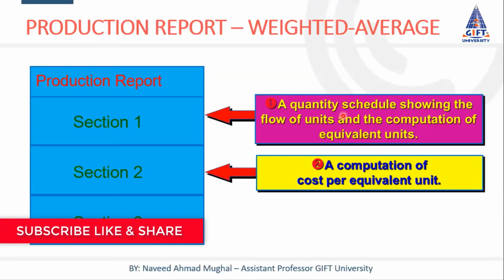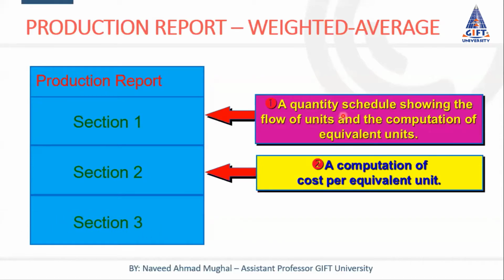In this section, we will have information of what number of units we had at the start of the period, or you may say what number of units we had received from the preceding period. Those are called work in process opening inventories. I have explained all these concepts in my videos on work in process inventories in process costing.